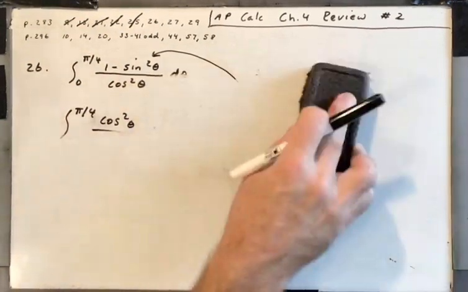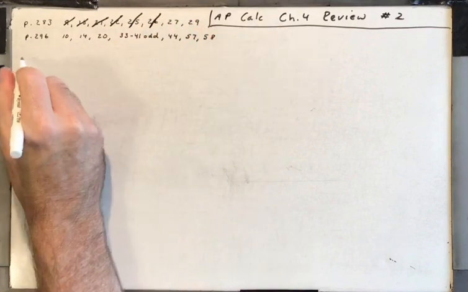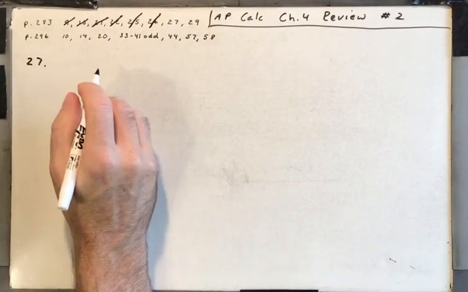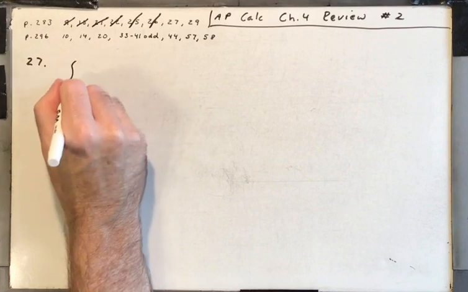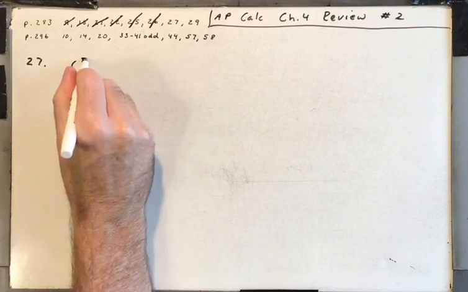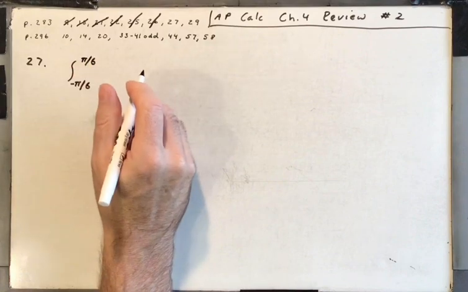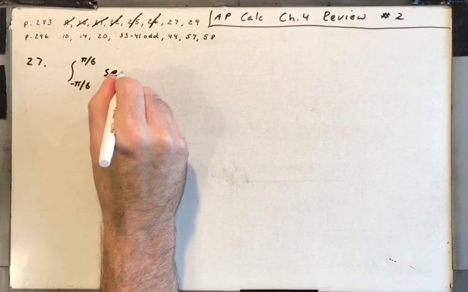All right. 2 more, 2 more. You can do it. 27. Negative pi over 6 to pi over 6 of secant squared x dx.